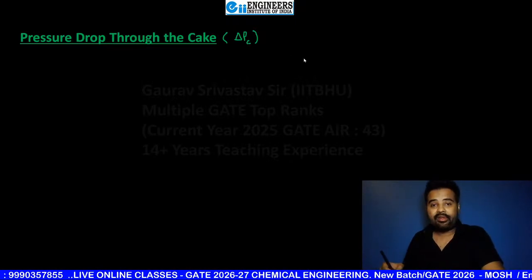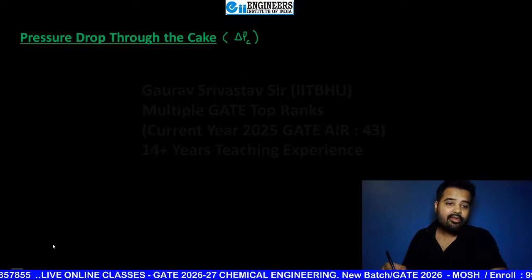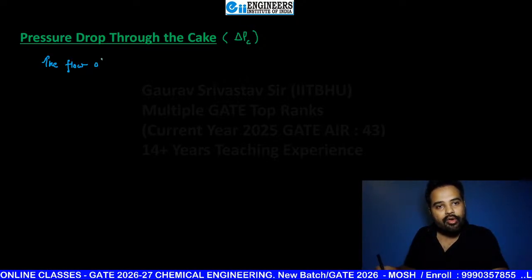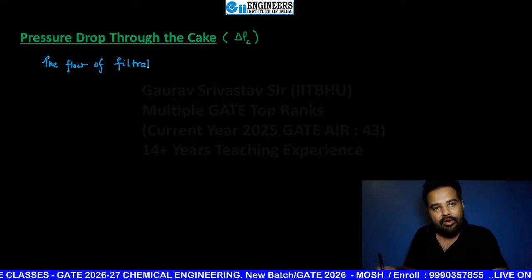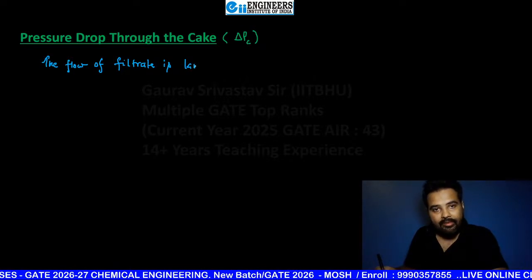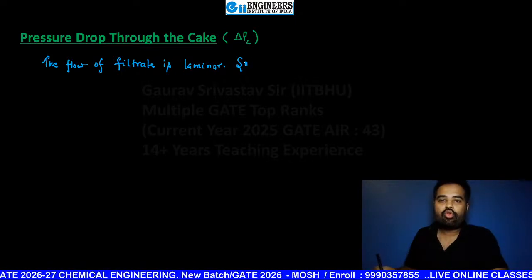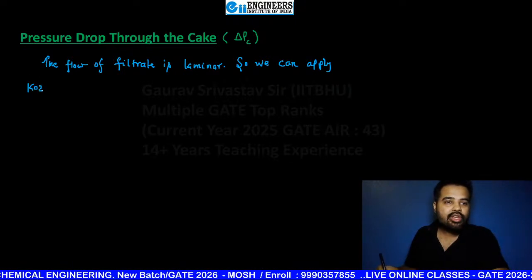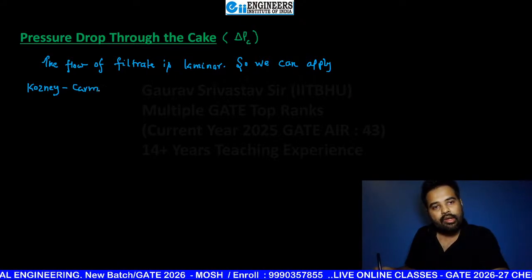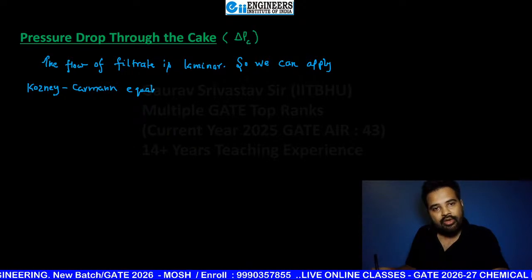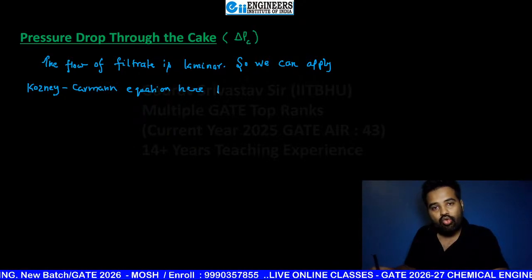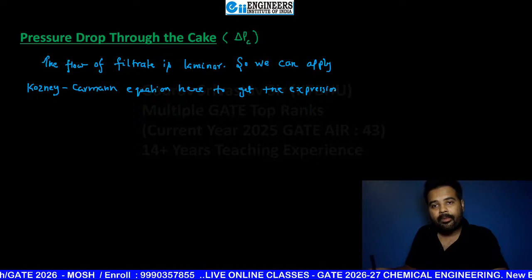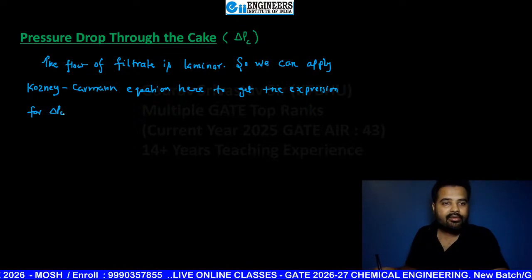I'm representing it by delta PC. As you know, the flow of filtrate is laminar, so we can apply the Kozeny-Carman equation here to get the expression for delta PC.